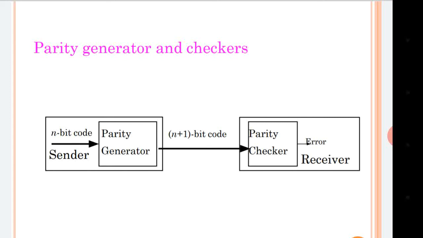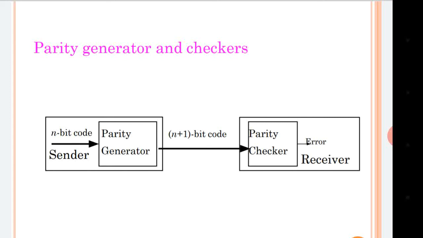But there is one problem with the parity bit: while transmitting, because of noise, if more than 2 bits change, then there can also be an error.